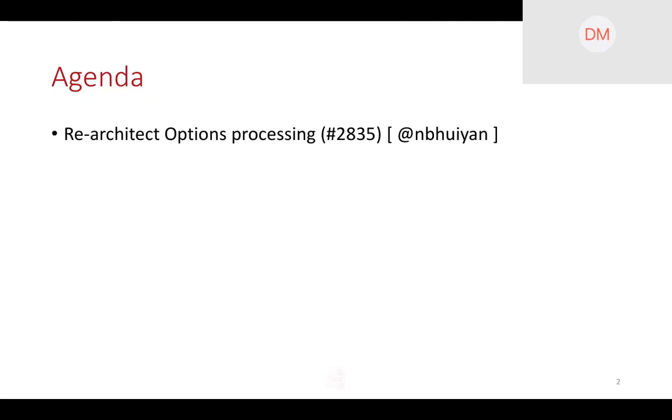So if we're going to re-architect options processing at the OMR layer, and we have this big heavyweight consumer called OpenJ9, which has built a bunch of its options processing on top of the OMR facilities in the compiler and outside the compiler, we kind of have this multiplicity of options implementations. It's going to be really hard to re-architect at the OMR layer without being forced to do it also at the OpenJ9 layer.